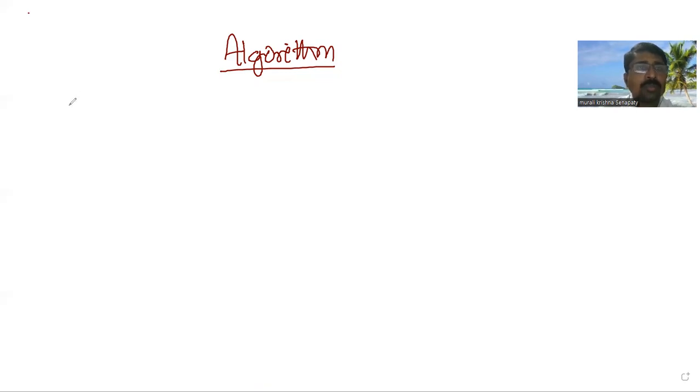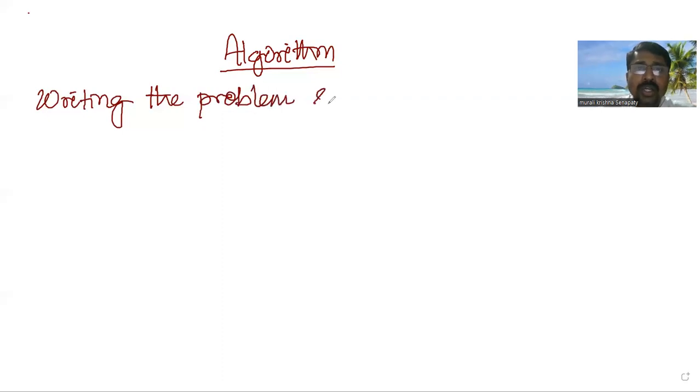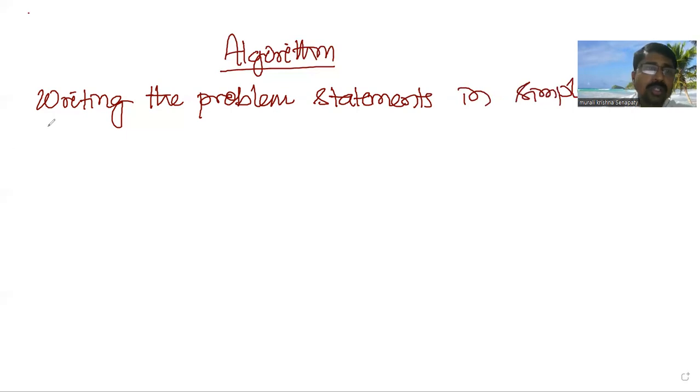So an algorithm can be written using simple English. In a common way we can say writing the problem statements, how to solve a problem, in terms of lines or statements in simple English. Without confusion.